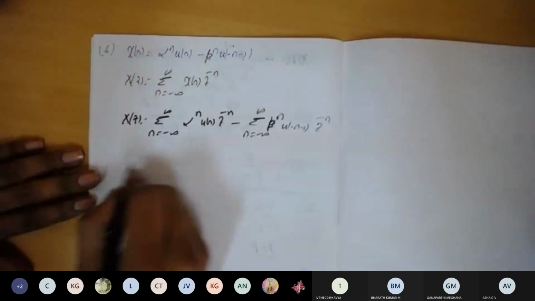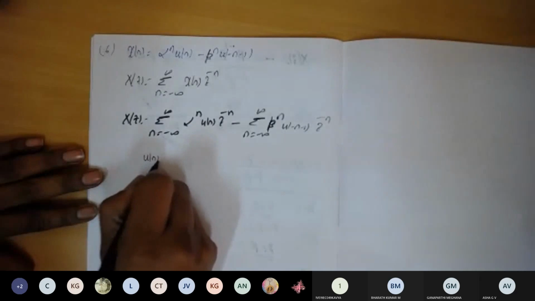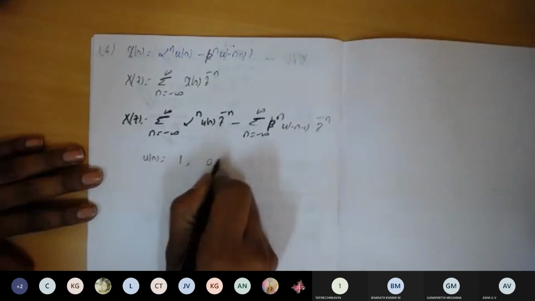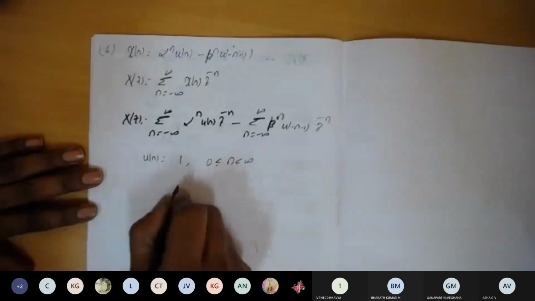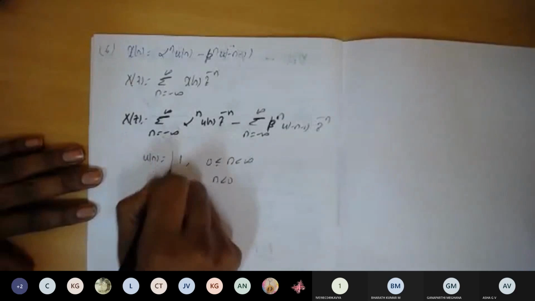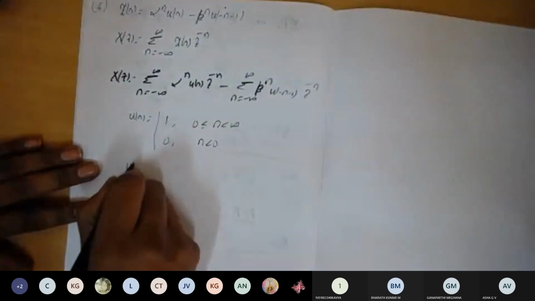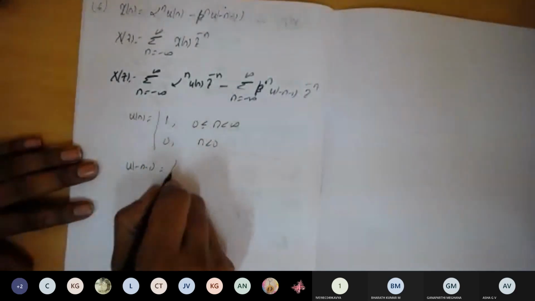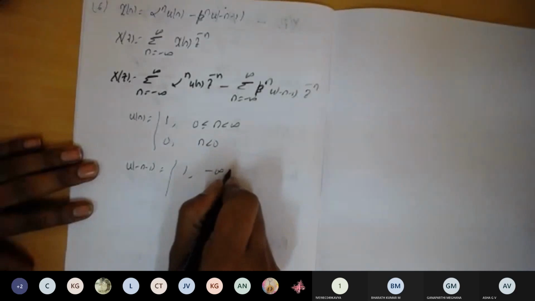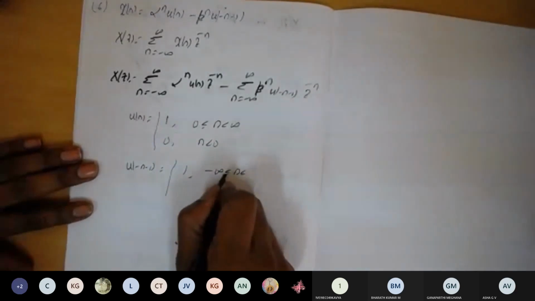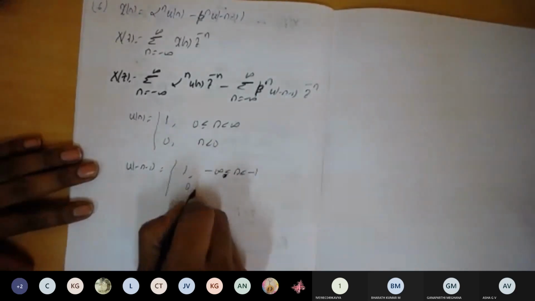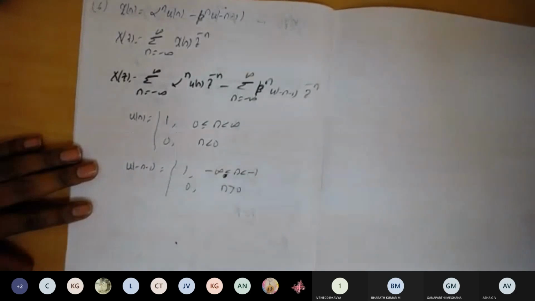Okay, so here we know that u of n can take the value 1 for 0 less than n less than infinity, and 0 for n less than 0. And similarly, we have u of minus n minus 1, which is equal to 1 for minus infinity less than n less than minus 1, and 0 for n greater than 0.